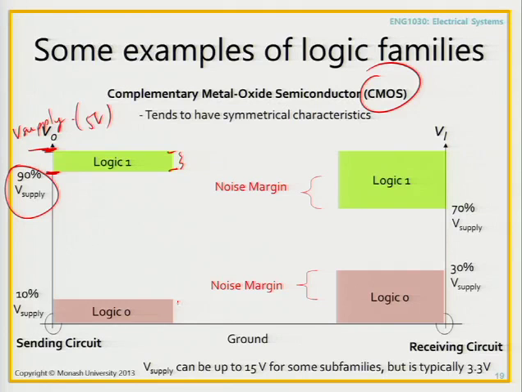And down low for logic 0, it's a very tight range for a 0. Okay? And the receiving end has quite a large noise margin that is well defined, and it's like something like 30% or lower of the V supply will be received as a 0, 70% or higher will be received as logic 1. Anything in between is an error. Okay, so that's CMOS. That's one type of logic family.